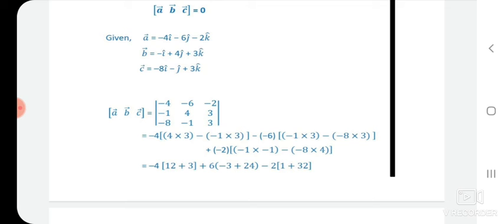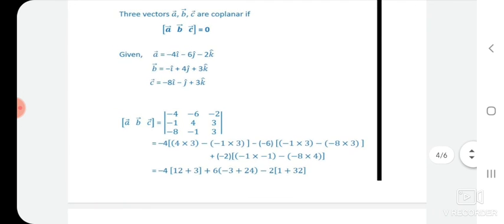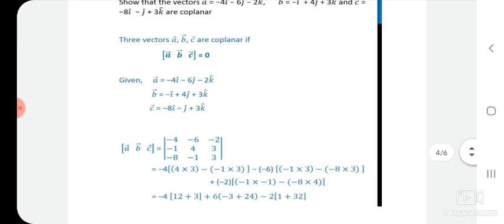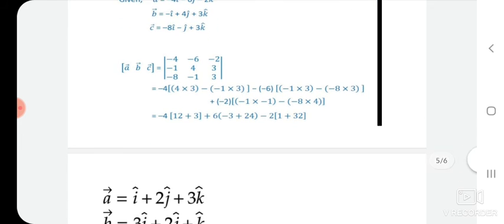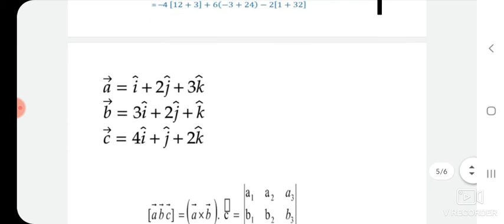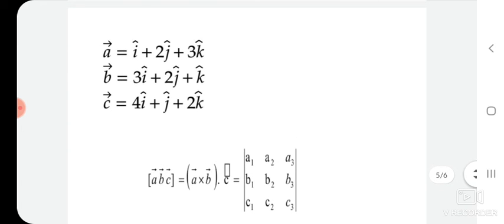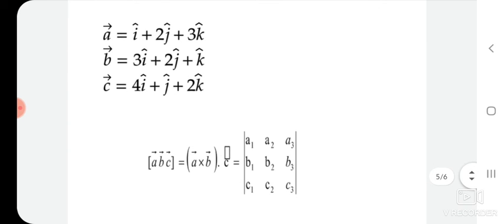If we add and subtract all these values, then the determinant is 0. It shows that vectors A, B, C are coplanar. Okay. Now, some numerical problems for your practice.